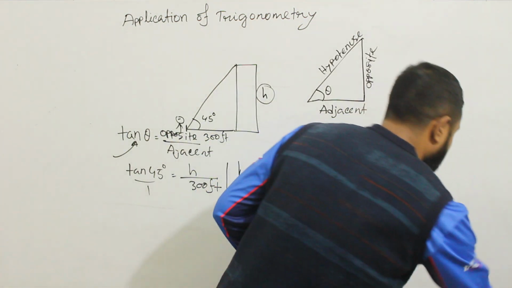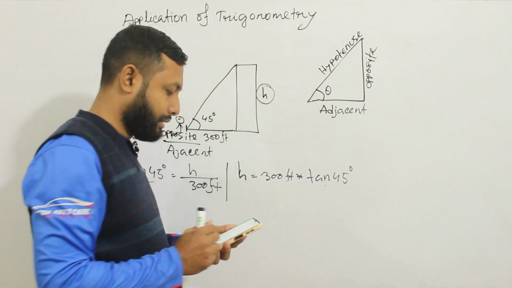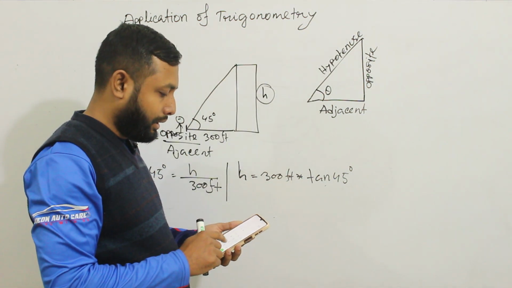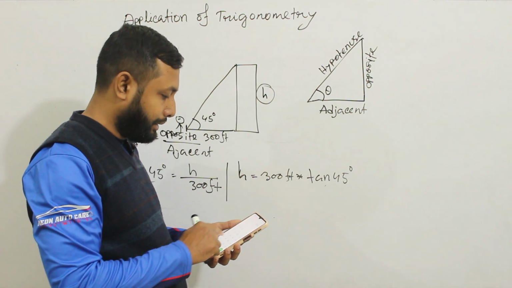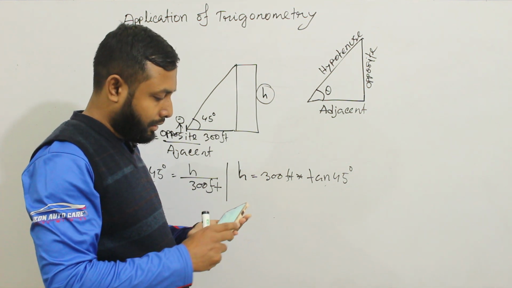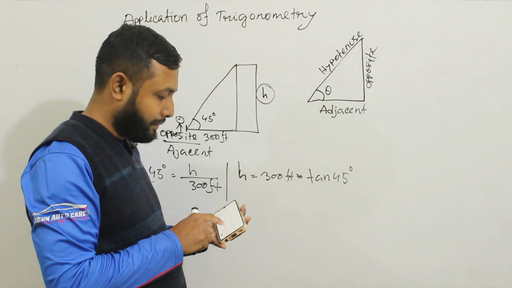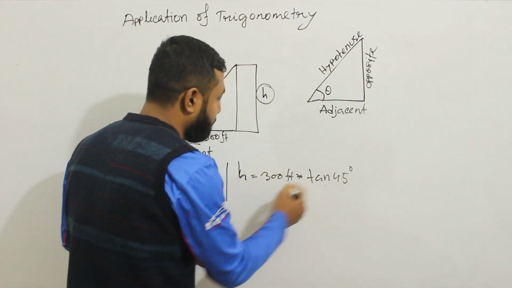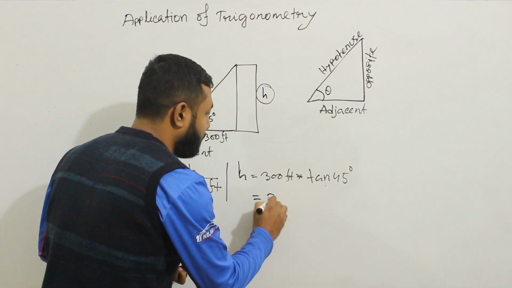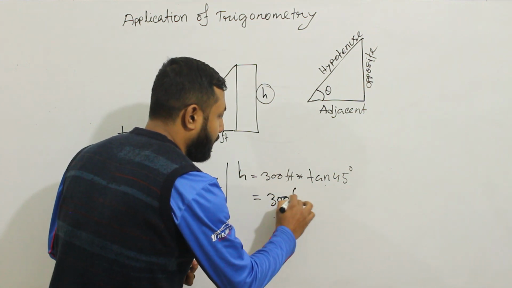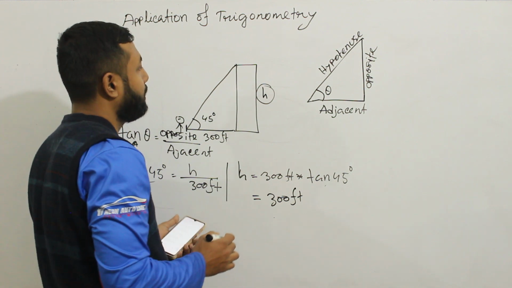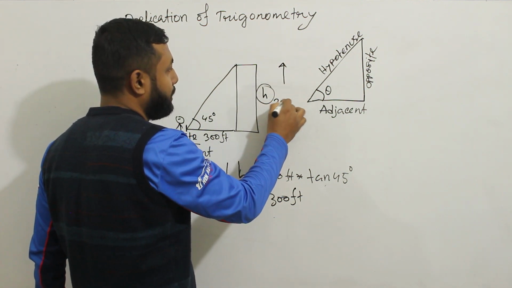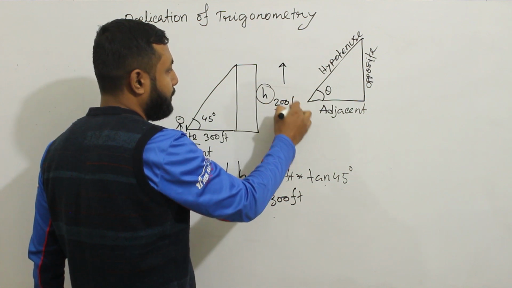So now if you use a calculator to calculate the value, we get 300 multiplied by tan 45. Then the value is 300, because the value of tan 45 is equal to 1. Then we get that the height is equal to 300 feet.